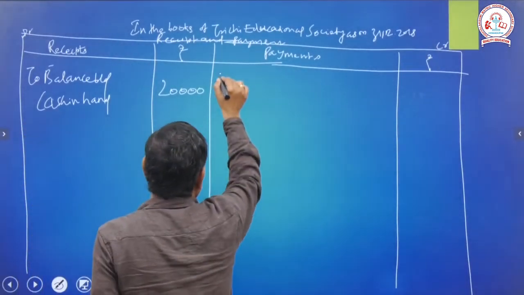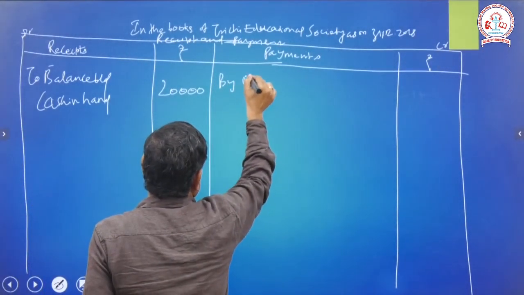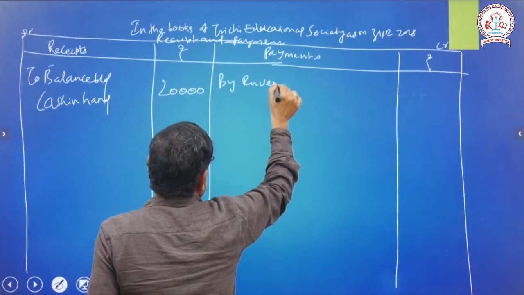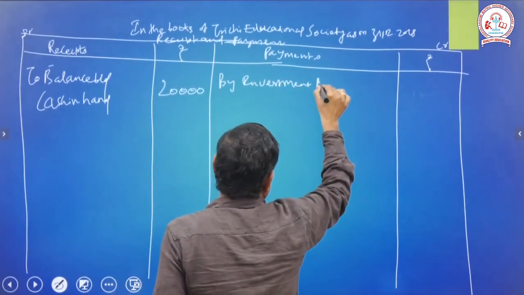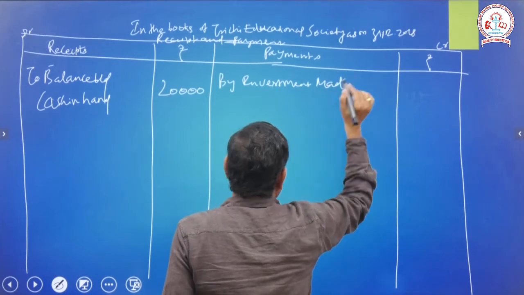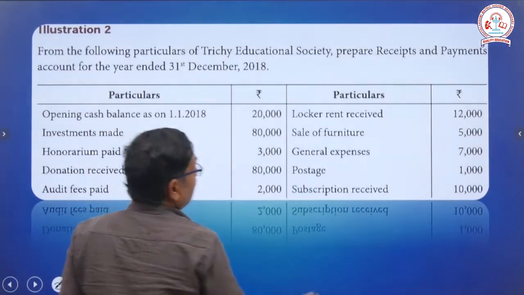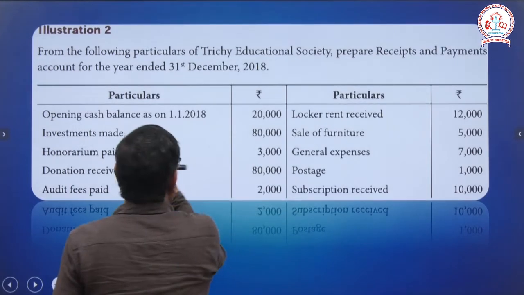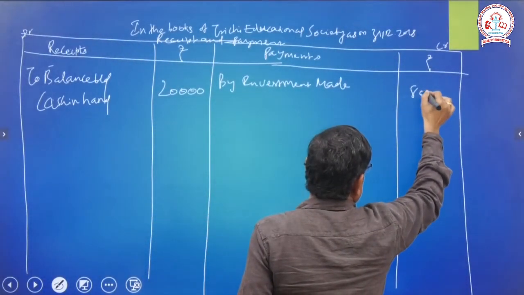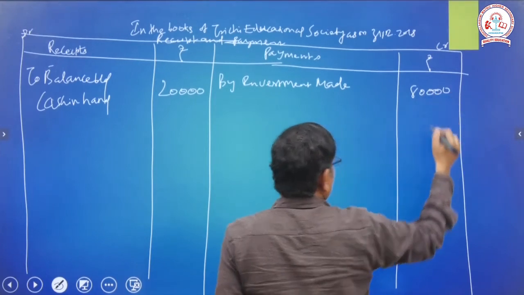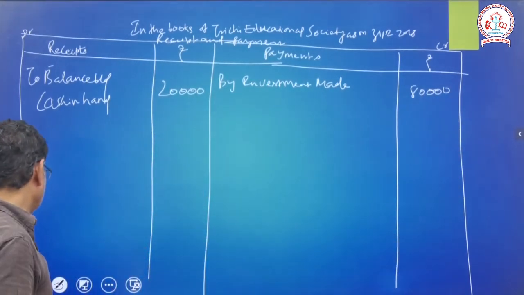We will move on the value by investment made. So what is the value here? Investment made rupees 80,000, and write the value here 80,000. Right. Next we will move on.